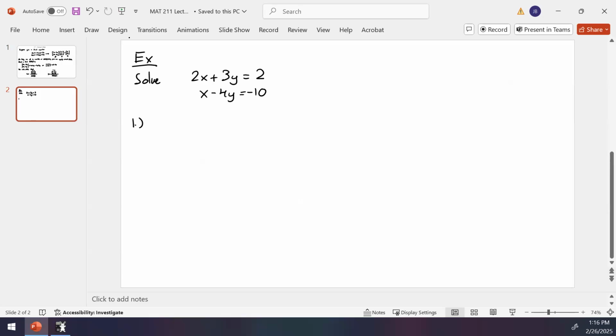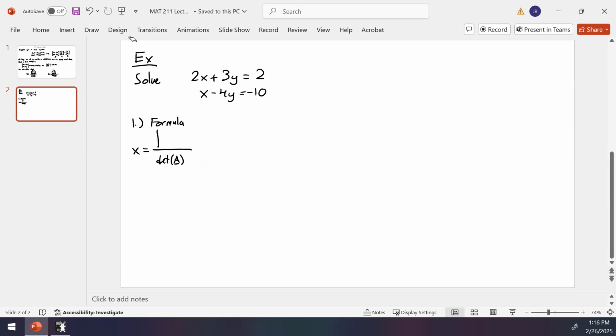So step 1 is to write down the formula. So x is equal to the determinant over the determinant of A. Again, I prefer the A, B, C, D notation, but it's a personal preference, but I'll just do it like this.